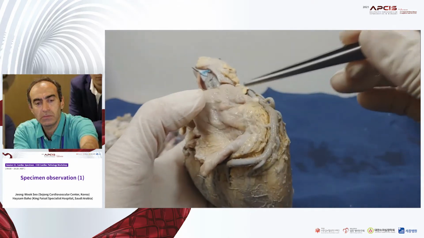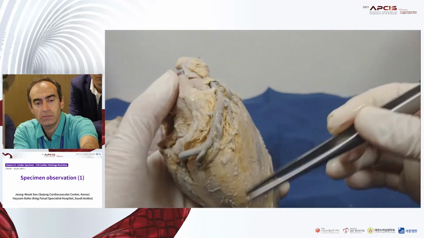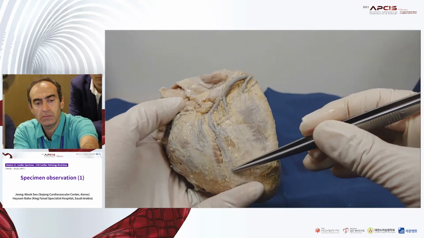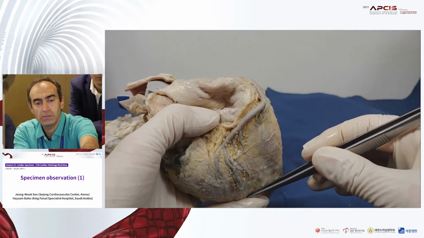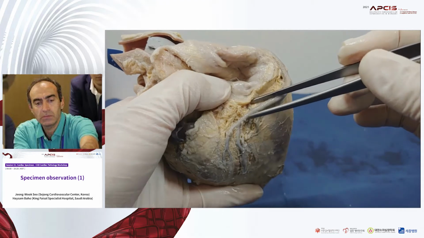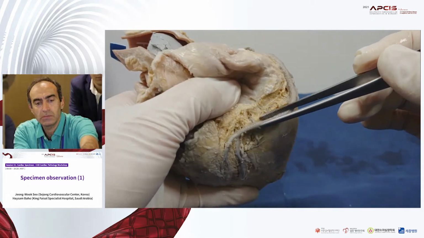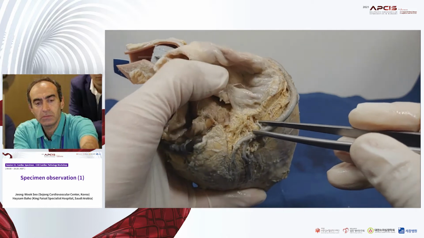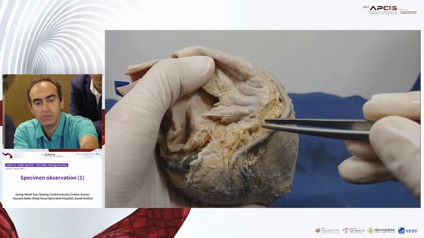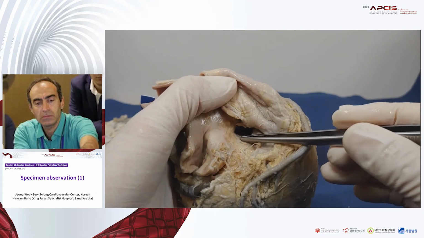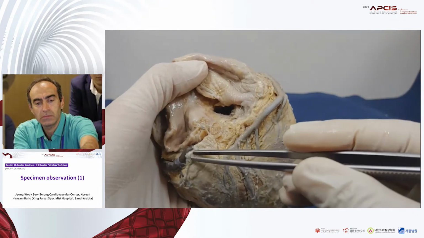Between the right atrium here and the right ventricle, there's the right AV junction. That's where it courses down to form the posterior descending coronary artery. And here we can see a very important branch, which is the AV nodal artery, the AV node branch coming from the right coronary artery, supplying the AV node, which is located right there.